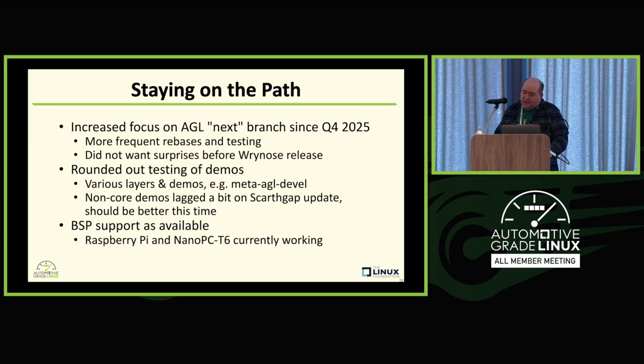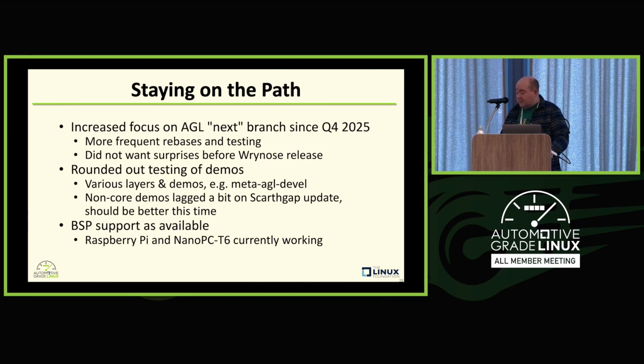The BSP support is not too bad. In addition to the QEMU machines, the Raspberry Pi and Nano PC T6 are working right now. I haven't tested things like Freescale, the NXP hardware, but the BSPs I think are okay. Really right now the outstanding ones are the Wrynose boards.